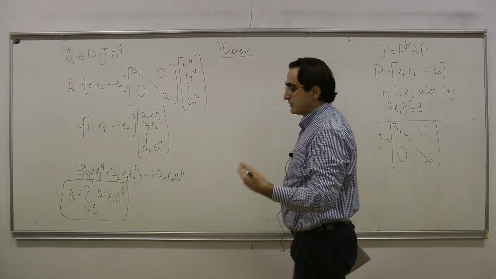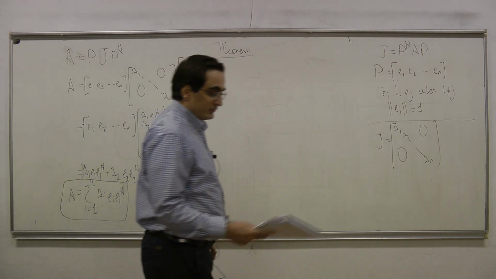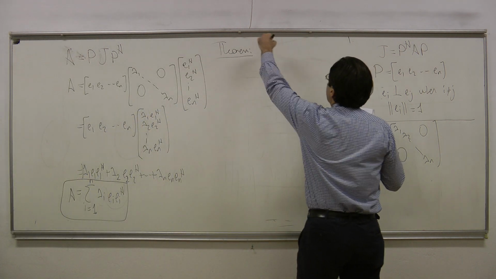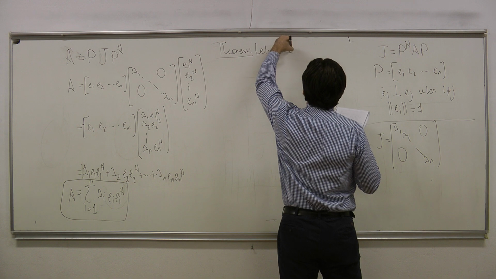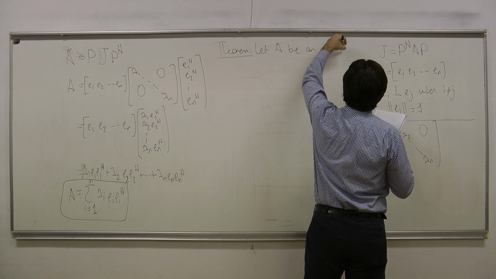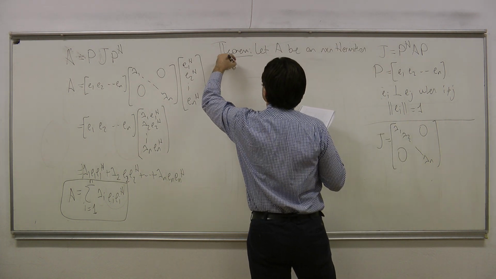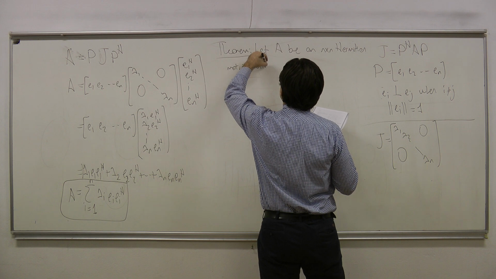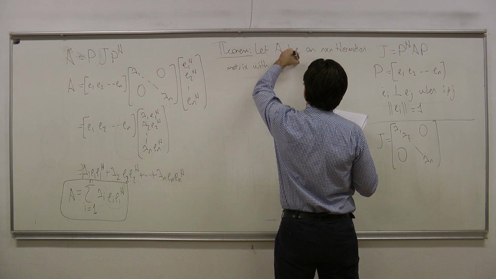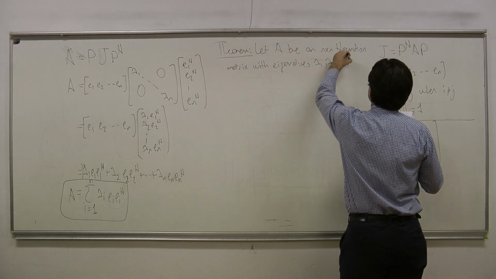This is again a property of a Hermitian matrix, but in this case we have a more advanced property. Let A be an n by n Hermitian matrix with eigenvalues lambda 1, lambda 2, going until lambda k.